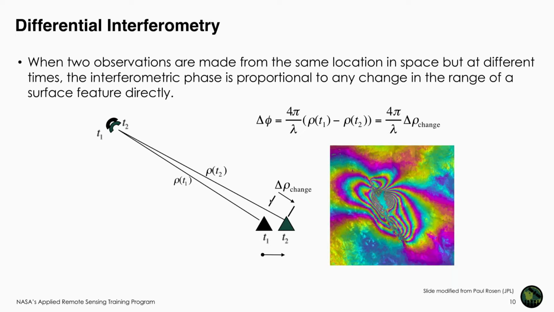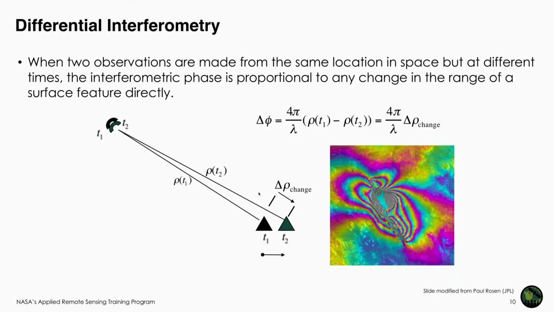So just to show you a little bit more about how what we call differential interferometry works. We call it differential interferometry because it's subtracting out the topographic signal.